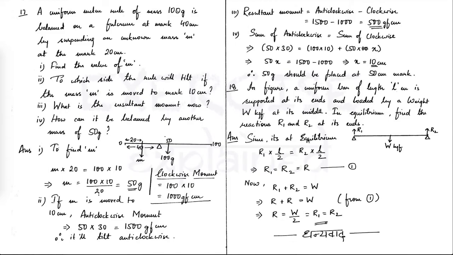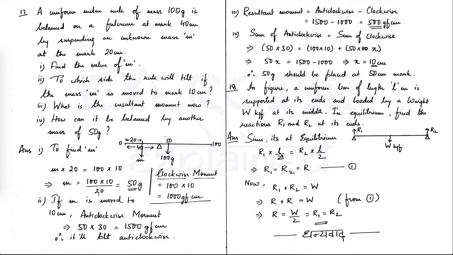Since it's in equilibrium, both the sides' moments will be the same. So R1 into the perpendicular distance about W, that is R1 into L by 2, because W is at the center. If the entire length is L, half of it will be L by 2.